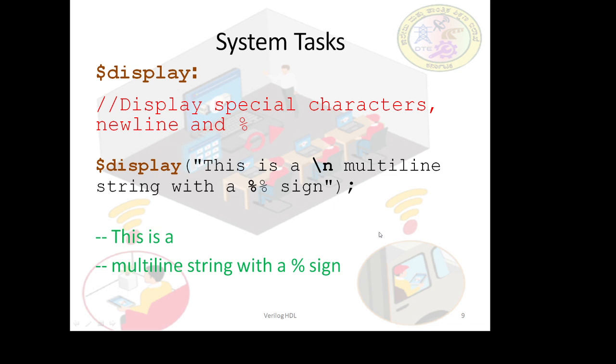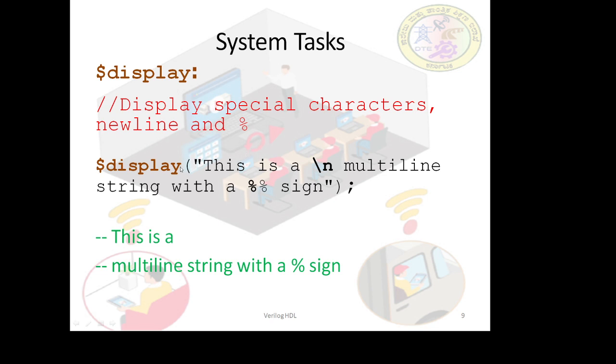Now the next example, wherein we are trying to display special characters like newline and percentage. For new line, we have a backslash n as a special escaped character, that is backslash n is going to enter into a new line.